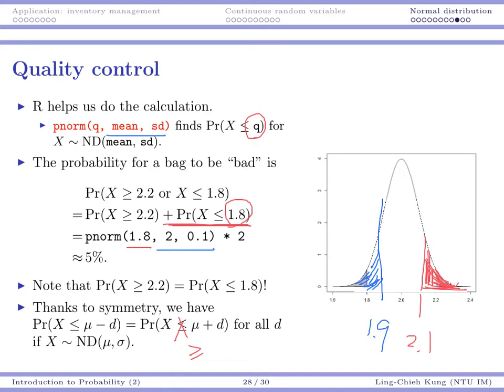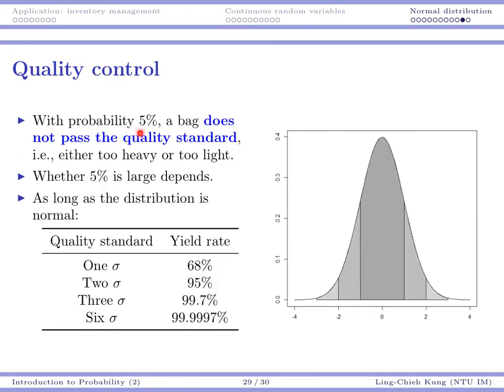And after this calculation, I can see there is a 5% probability that I am producing something that is out of control. So with probability 5%, my bag does not pass the quality standard set by my mom. It's either too heavy or too light. And then it depends on whether I am risky or not. If I am a risky guy, then I probably will take this risk.